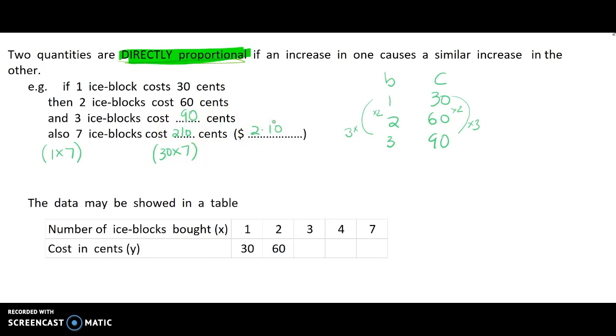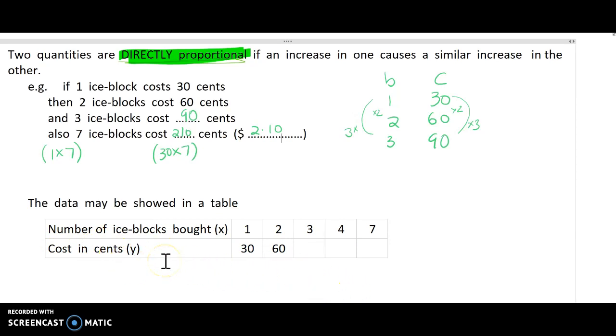Easy? Okay, now we can put this information mathematically, or we can put it in a table. On our x-axis, which is the top row, we have the number of ice blocks. On the y-axis, which is the bottom row, we have the cost in cents.